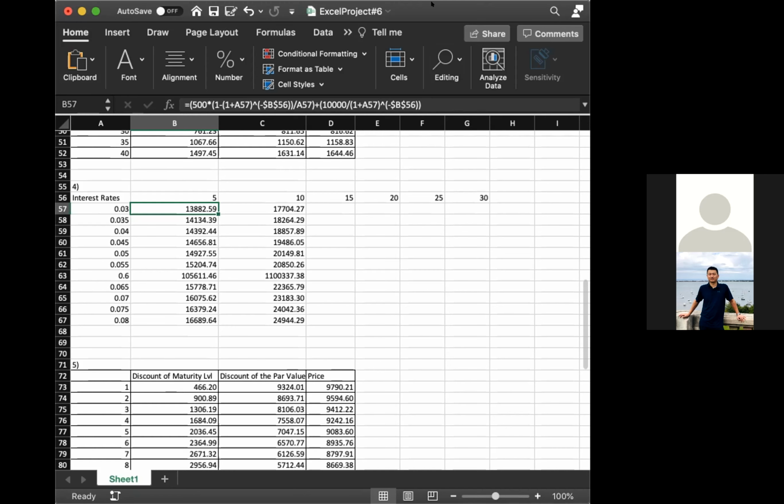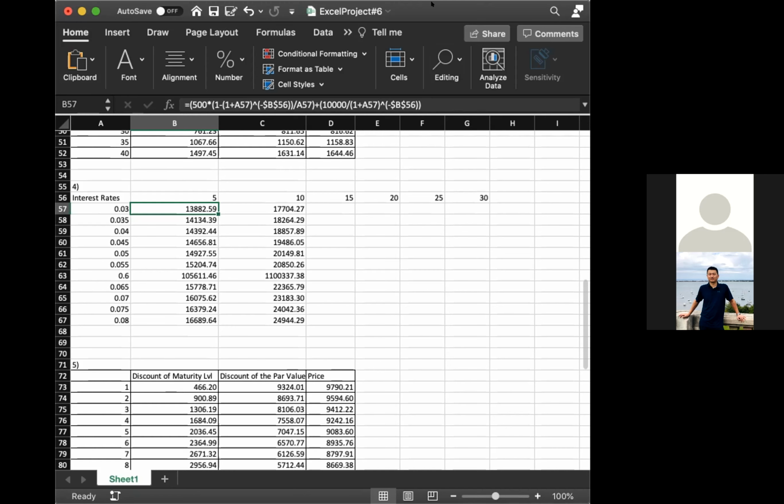And you also want to discount those cash flows. In this case, for 5 years, every year you receive $500, and you want to find how much those 5 payments of $500 are worth right now. So we're going to use the present value of the annuity formula to find the present value of all that dividend income.